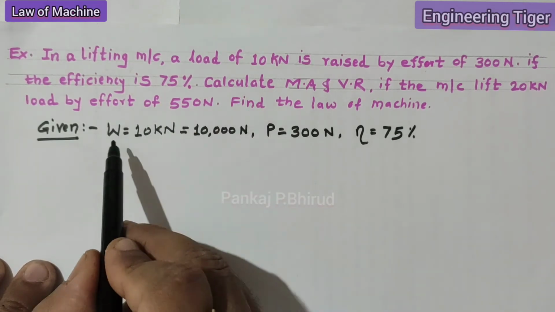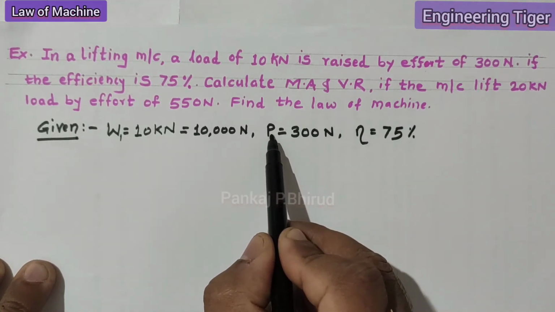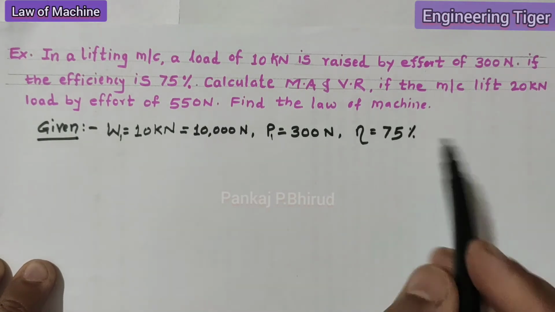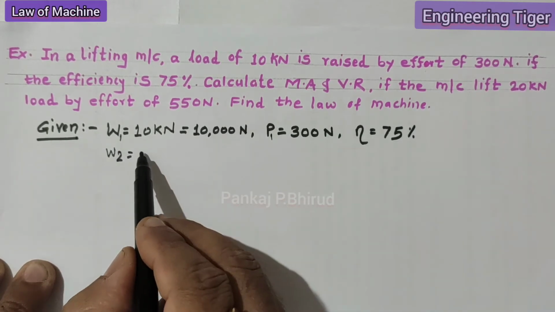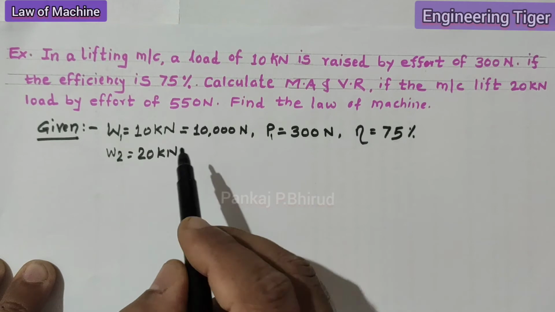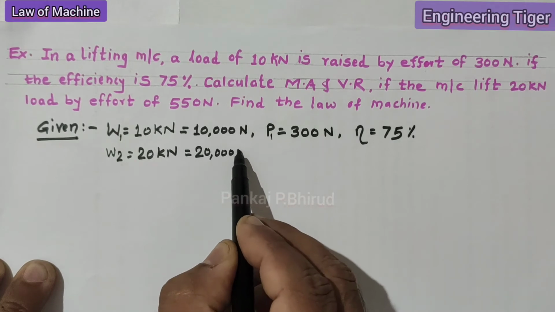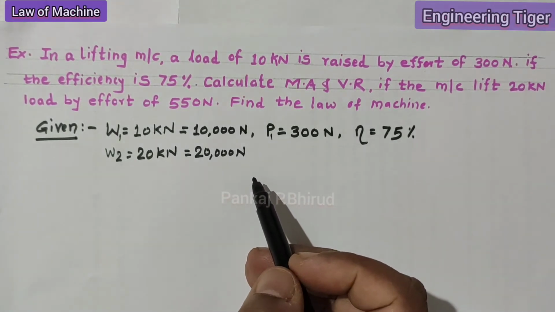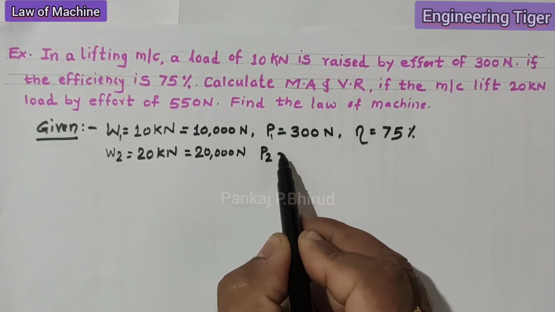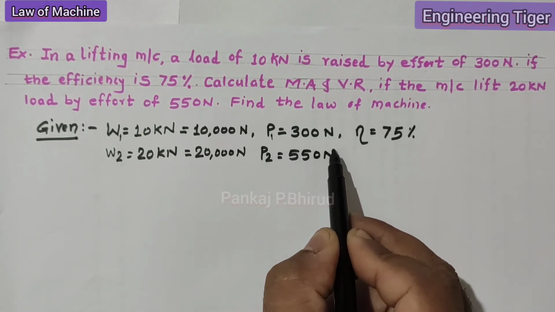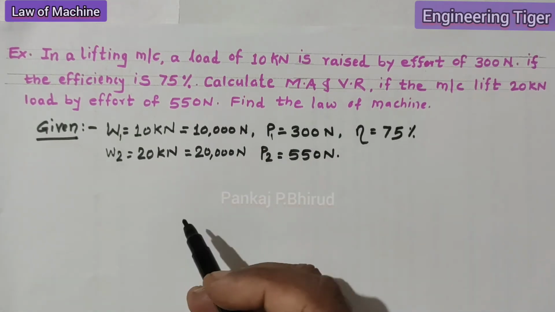So here first load is suppose W1, first effort is suppose P1, then the second one is W2 is equal to 20 kilonewton, that is 20,000 Newton, and for lifting this 20 kilonewton, the effort required is 550. So that is P2 equal to 550 Newton, and then decide to find out the law of machine.